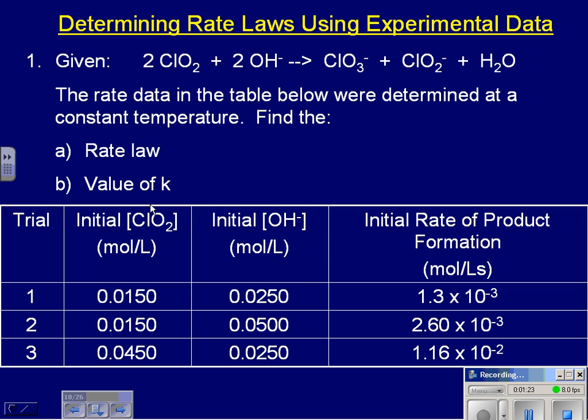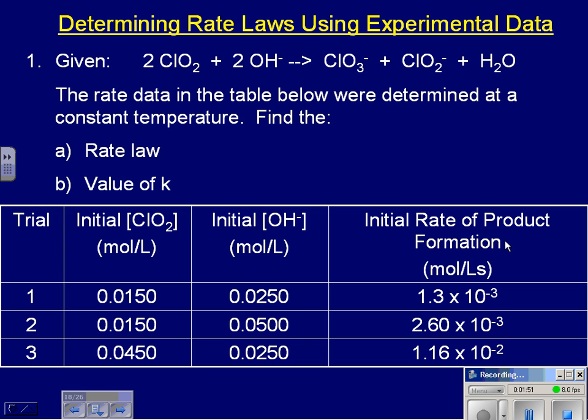So if I'm looking for the effect of ClO2, I'm going to look for two trials where the OH concentration is constant, and we can see here it's going to be trial 1 and trial 3. So I'm going to analyze trials 1 and 3 to see the effect of ClO2 on the rate for the rate law.